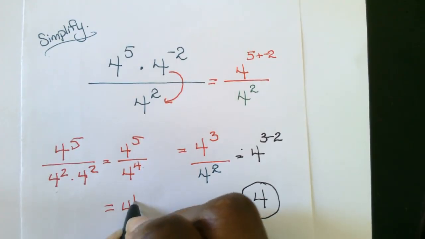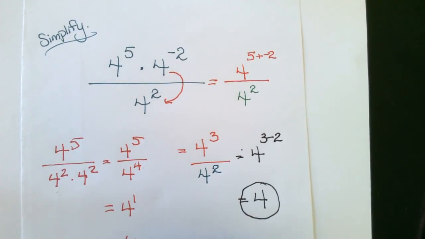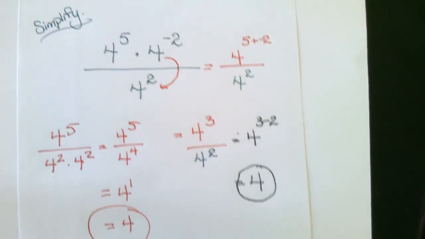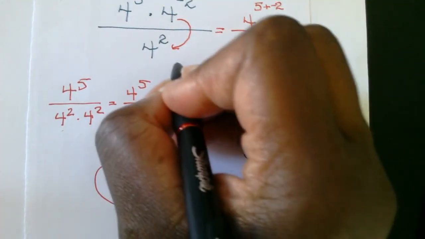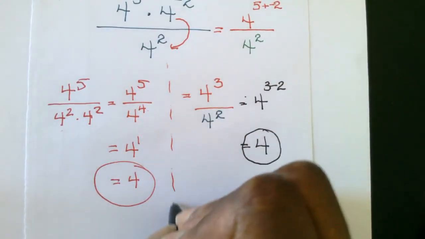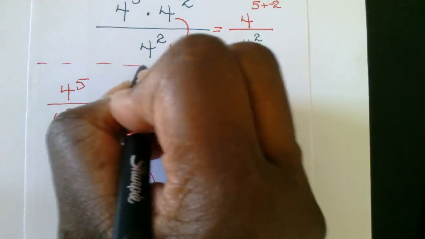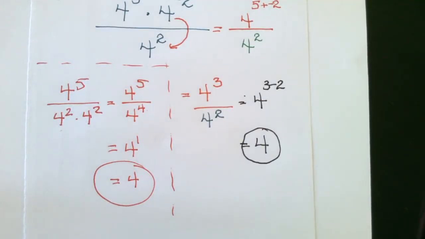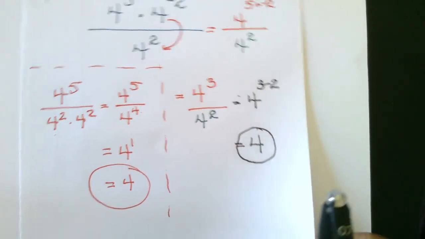So 4 to the 1st power is exactly the same as saying 4. So this is just another way of doing it. Okay? Alright? So really understanding those rules of exponents.